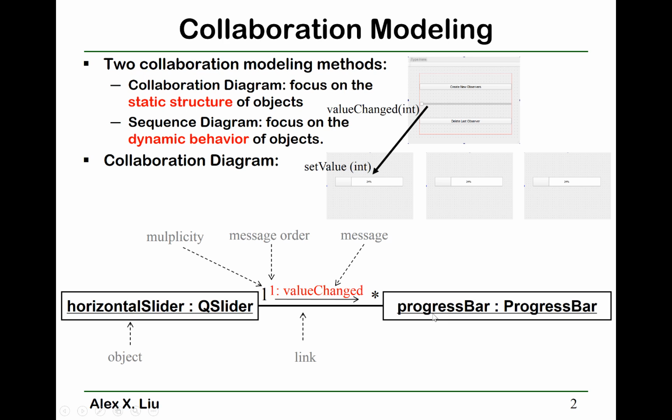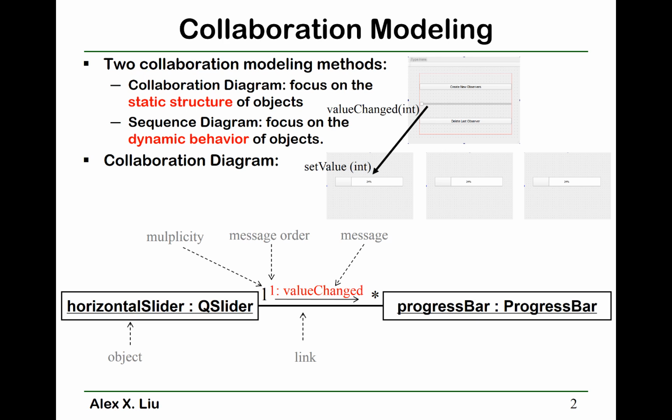We just want to say that this horizontal slider sends a message to the progress bar, and we don't care about the details of implementing this message passing. In this diagram we just show the horizontal slider sends a value changed message to the progress bar. One object sends a message to another object. That's the essence we want to extract.